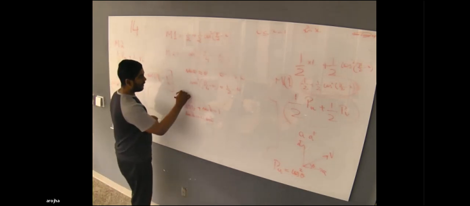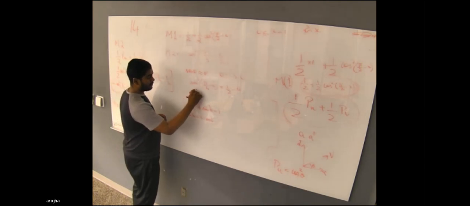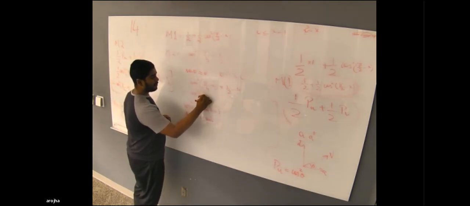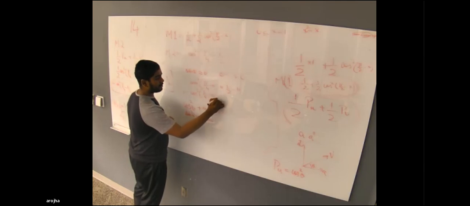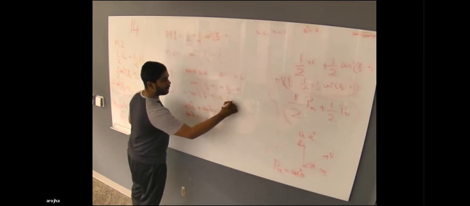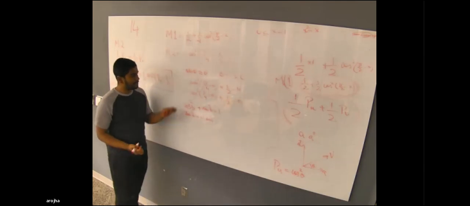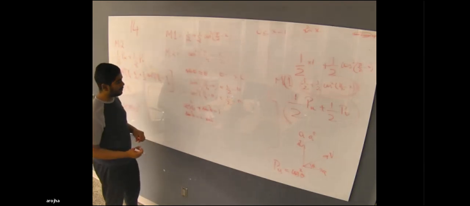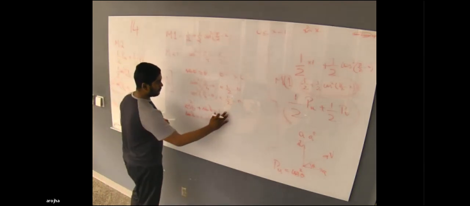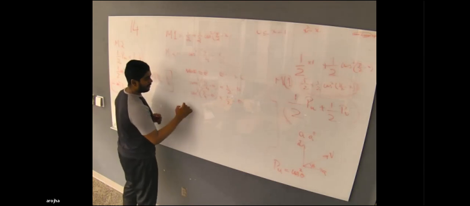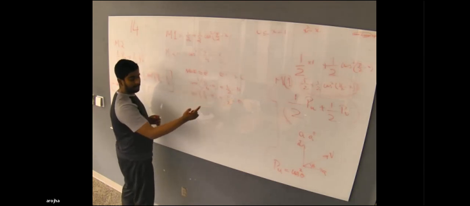So I can write this as 1 minus cosine square of pi by 4 minus theta, which equals 1 by 2 minus theta. I'm going to take the 1 to the other side.